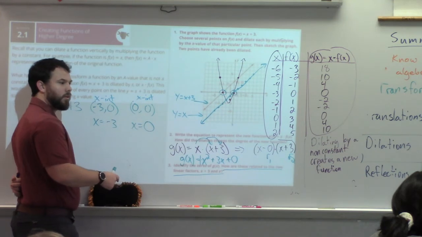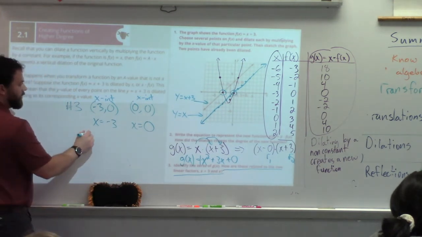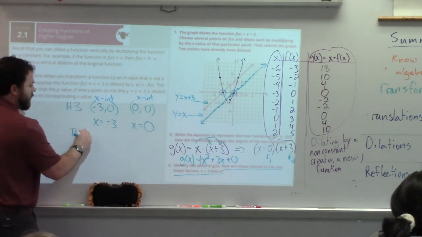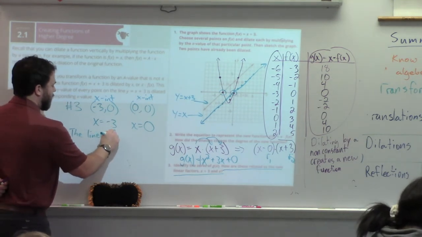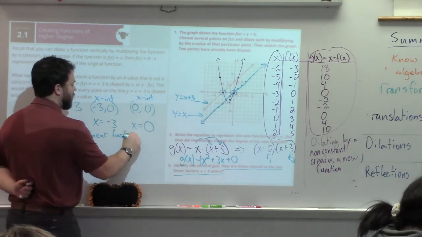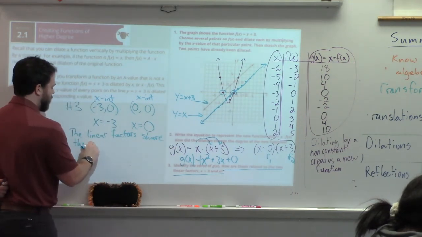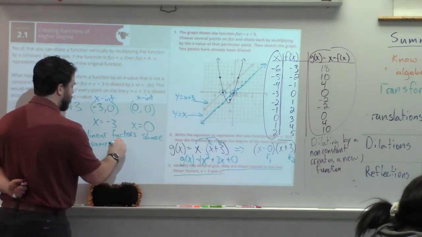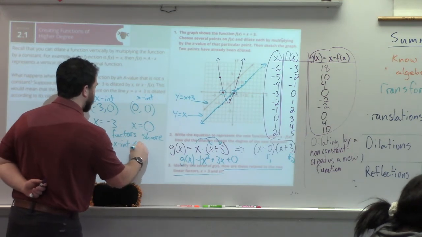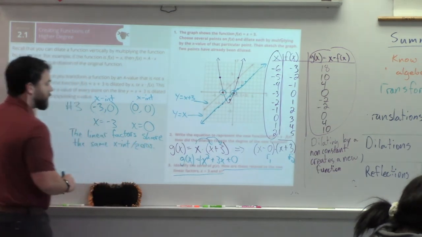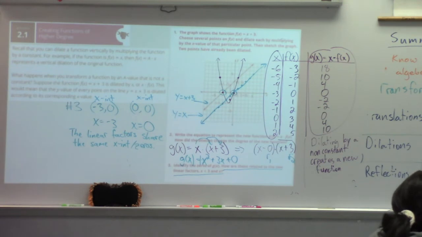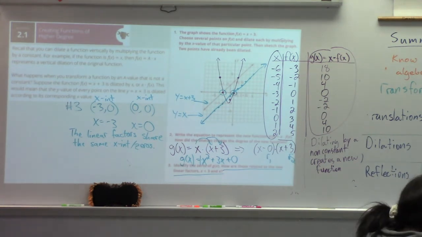That's all it's saying here: the linear factors share the same x-intercepts, slash zeros. So that's what we want to notice here, and that's why the factored form works, because the intercepts are the same.